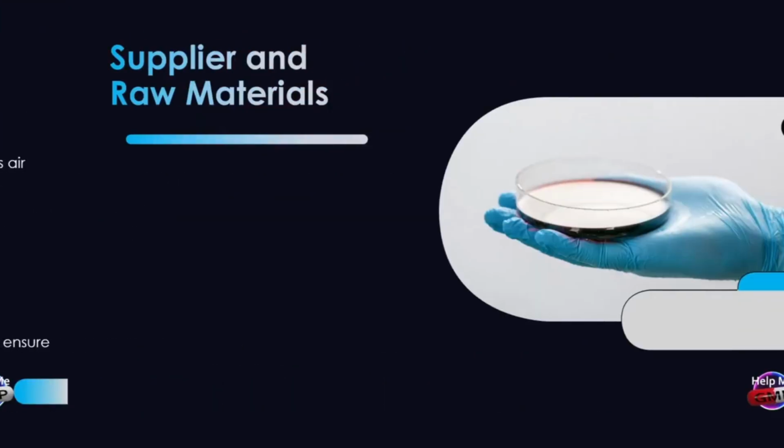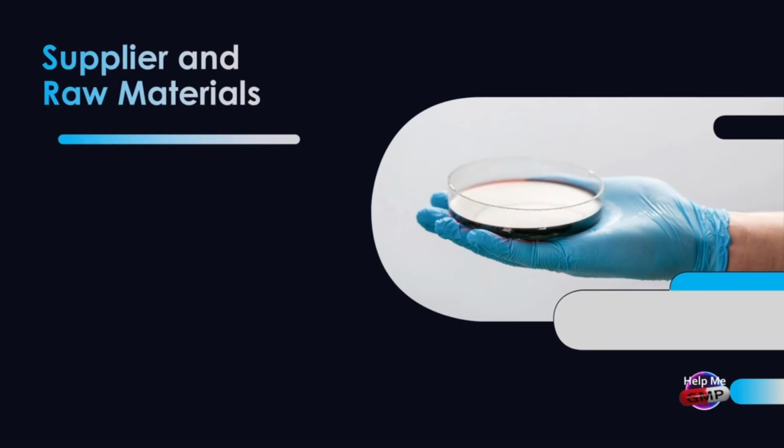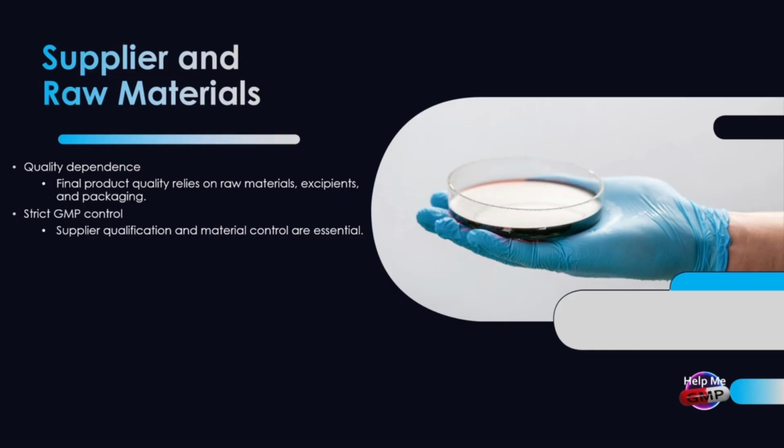Supplier and raw material control. The quality of a finished product depends on the quality of its raw materials, excipients and packaging. GMP mandates strict supplier qualification and material control, including approved supplier lists, which ensure that raw materials are sourced from reliable GMP-compliant suppliers.